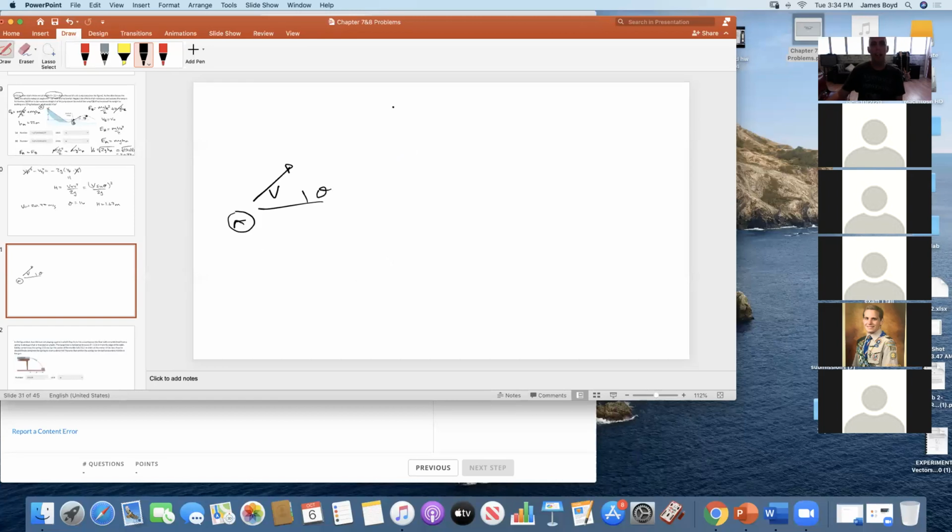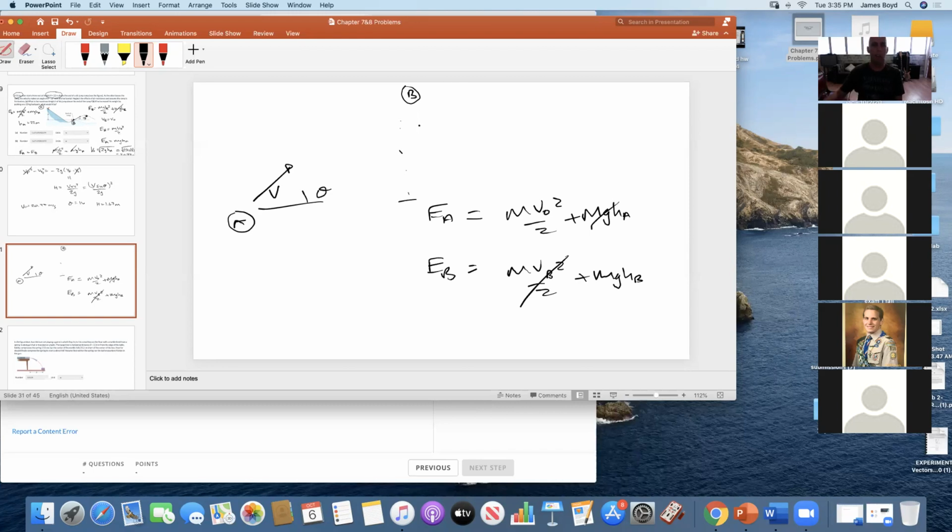If I do A and I do B when it's at max height, and I write energy A, energy B, mv naught squared over 2, mvB squared over 2, mgHA, mgHB, and I say this is 0, and I say that h at A is 0, so that I can measure 0 to hB.